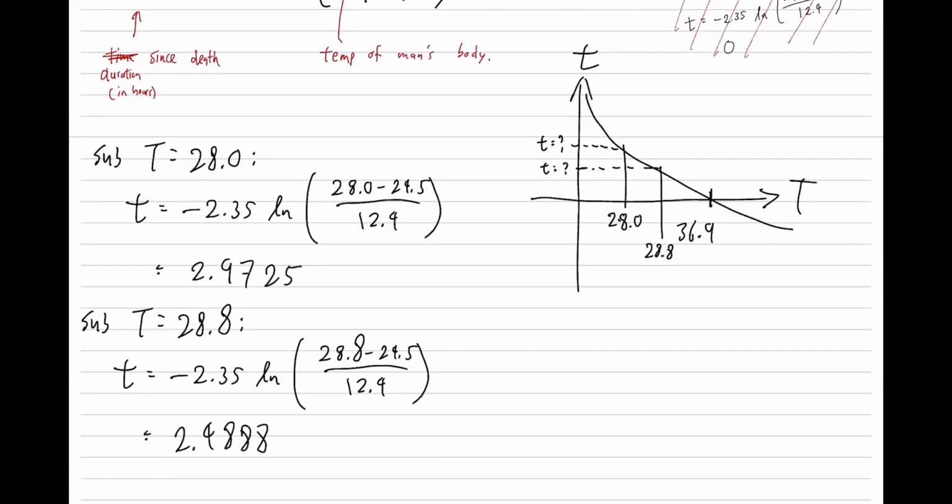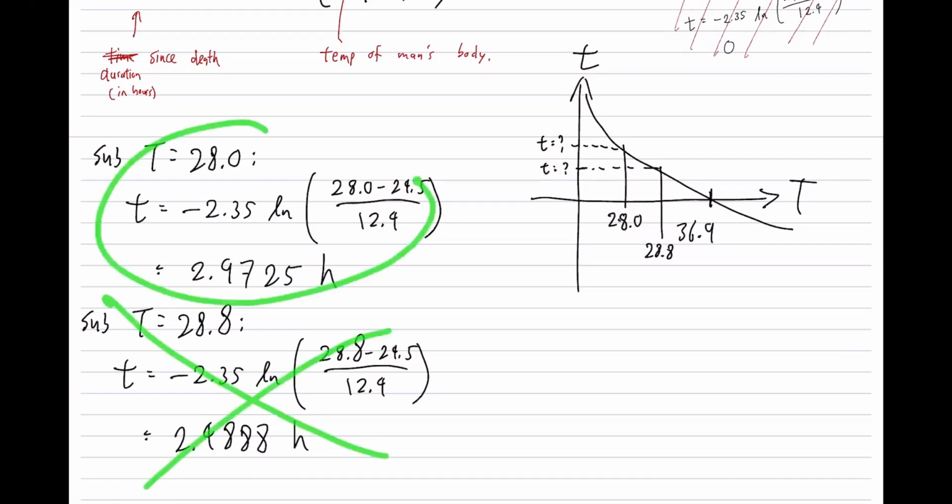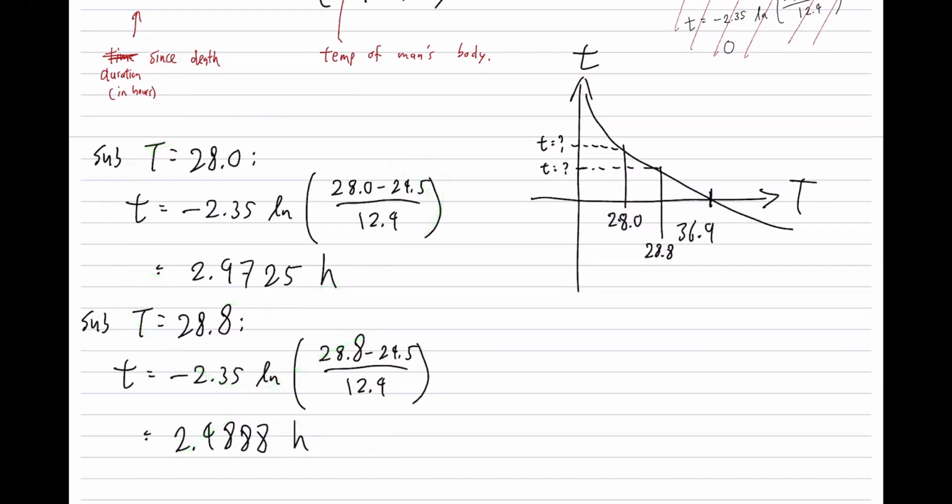So this little t is what again? Number of hours, right? Actually, I just realized you don't need this information. You just need this information already. Let's draw a timeline.